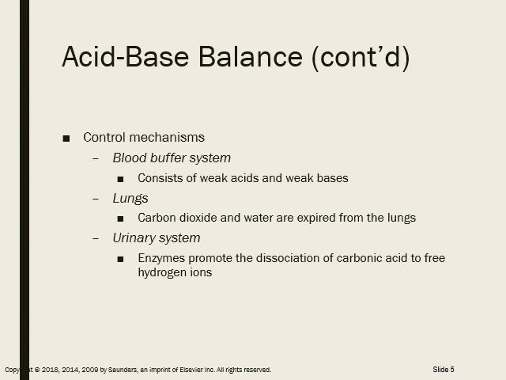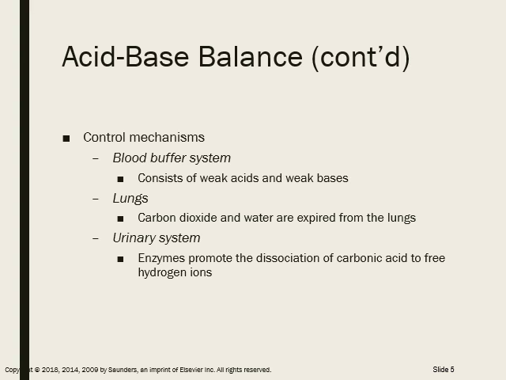For the serum pH to remain within normal range, again, the normal range is 7.35 to 7.45, the ratio of bicarbonate ion to carbonic acid must be 20 to 1. If one component of the ratio changes, the other must change proportionately to maintain this proper balance of serum pH.